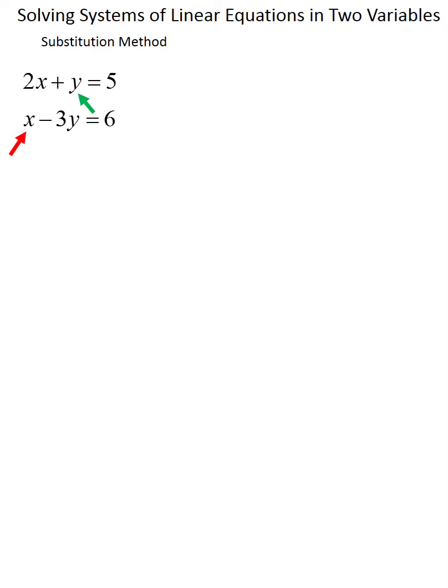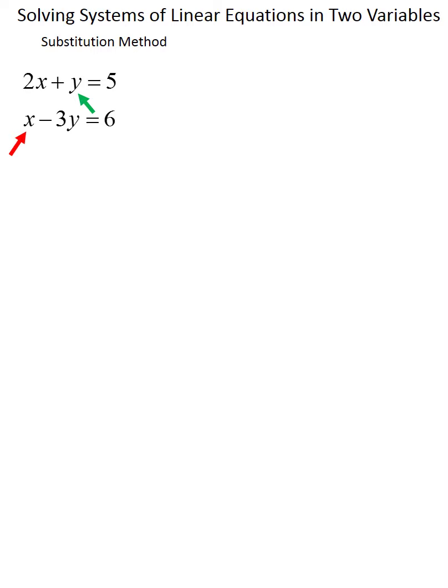The two variables being pointed to, the red arrow and the green arrow pointing to x and y, those would have been the two best choices to solve for. The red arrow is the one that I actually did, and you saw that earlier. The green arrow would have also been a viable choice because both of these variables pointed to by the arrows have a coefficient of 1 in front of them.